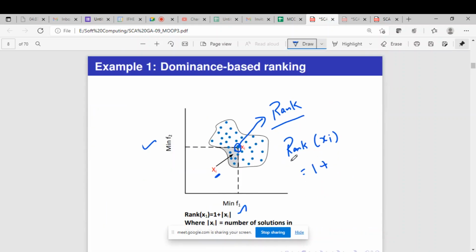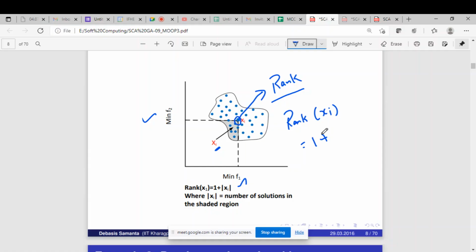So the rank of xi is 1 plus the number of individuals who are dominating xi.